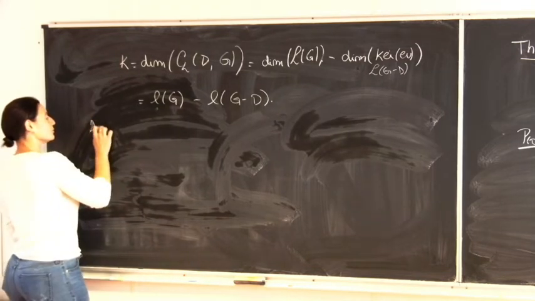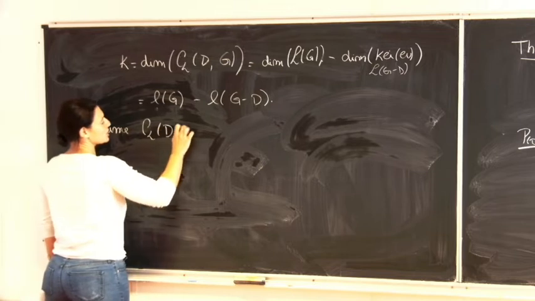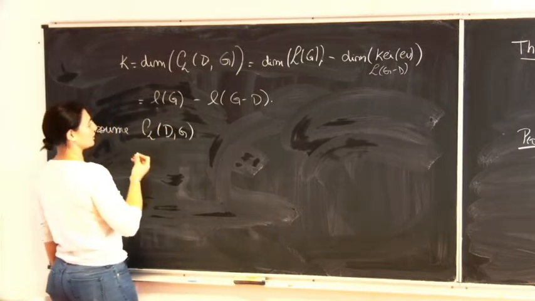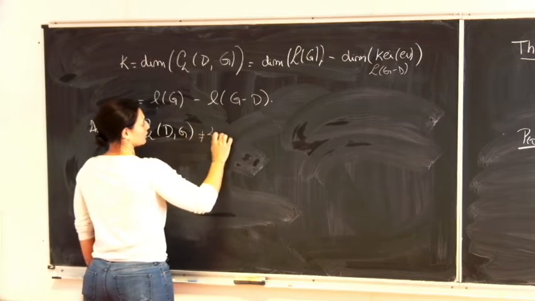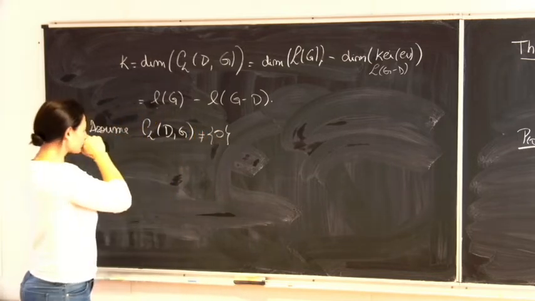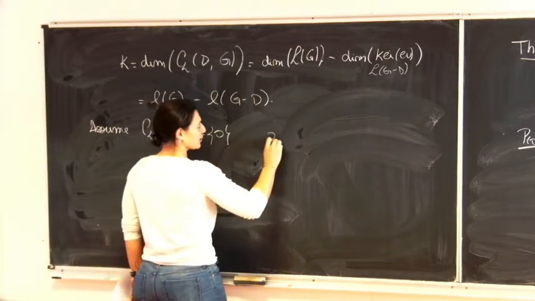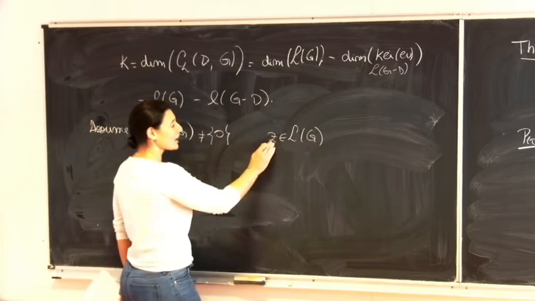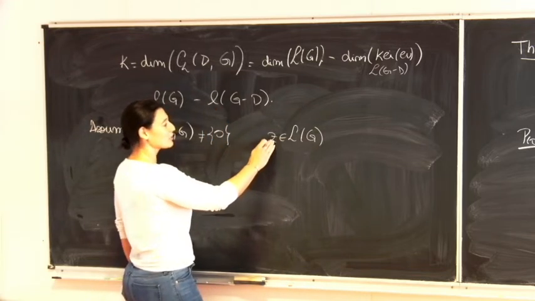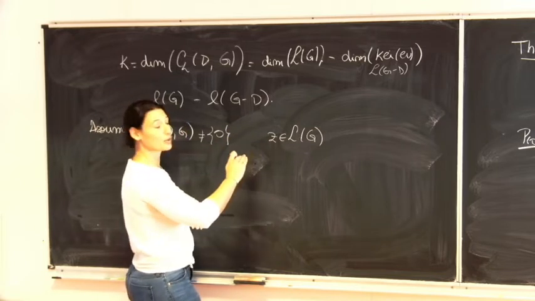So assume that C sub L of G is not only the 0, and let Z be an element of L of G such that this element achieves the minimum distance.